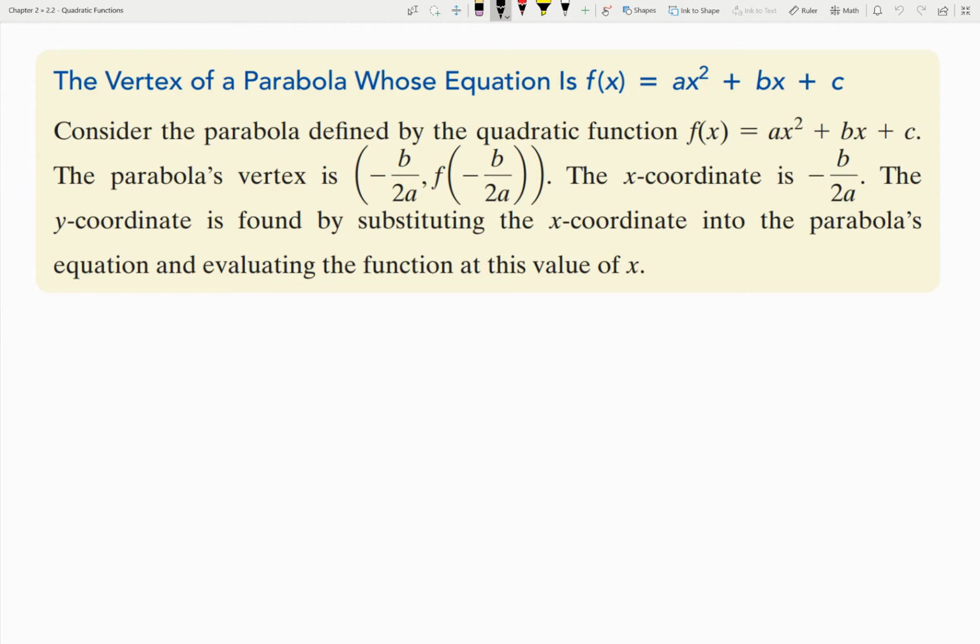Okay? So that means that the vertex of a parabola in general form here is negative b over 2a, comma, f of negative b over 2a. Okay? So you first find this and then substitute to get y.